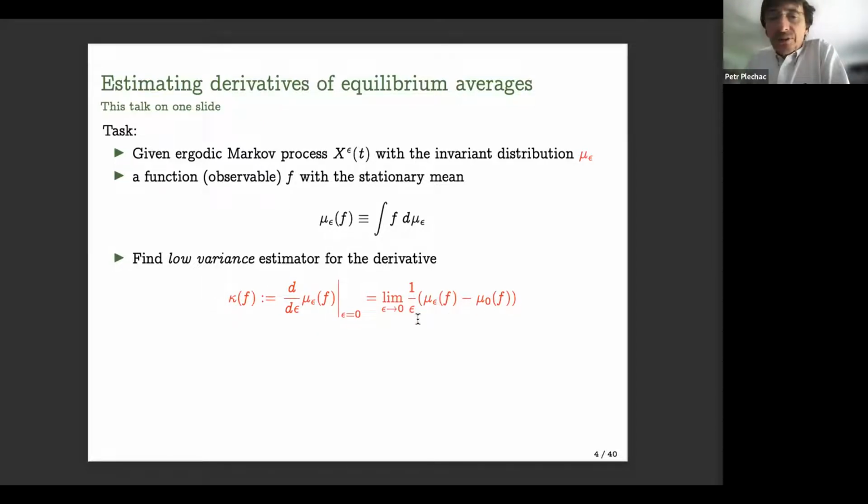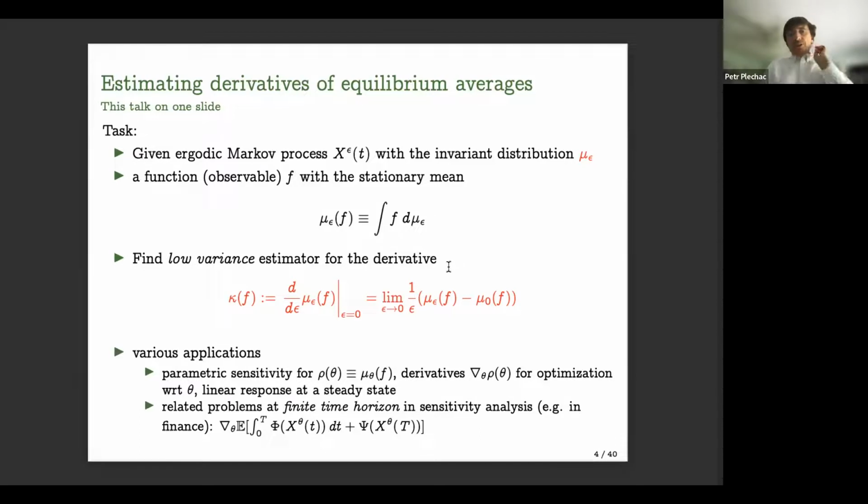Nothing mysterious here. This is just the definition. We perturb the parameter and we want to compute the derivative at that value of the parameter, here chosen to be 0. As I said, this mu in our simulations can be accessed or sampled only as a long-time limit of the underlying dynamics.